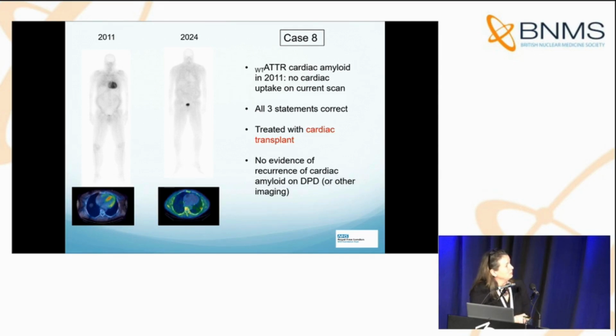We've got lots of soft tissue uptake, which you can see on the whole body study. So as far as we can tell, this patient has no recurrence of the cardiac amyloid, certainly scintigraphically on the DPD scan, and his echo was also negative, so no evidence of recurrence.